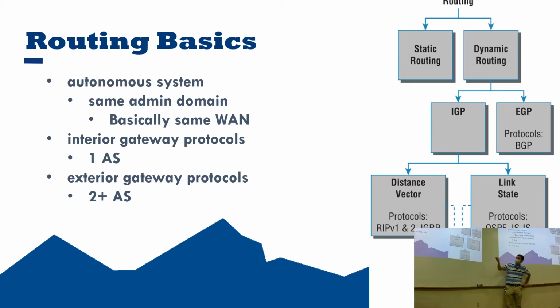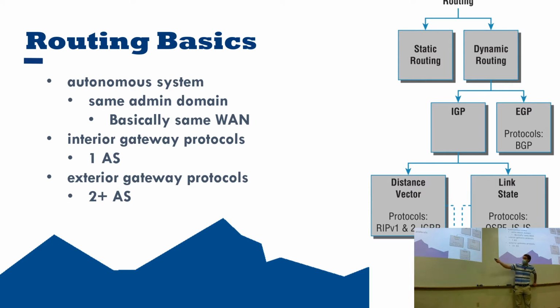We have autonomous systems, and it's going to be sharing the same administrative domain. So in general, you have a big network. Depending on how you configure, maybe one, maybe more than one. But it's basically going to be interchangeable with WAN. Okay, then you have interior gateway protocols. We're using one administrative system. So up here, you can tell we have different types of IGP.